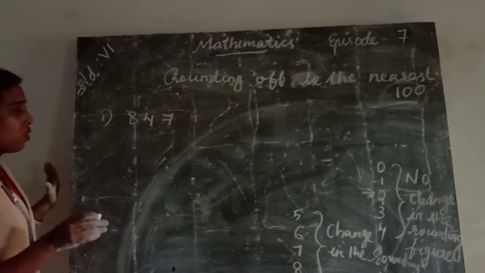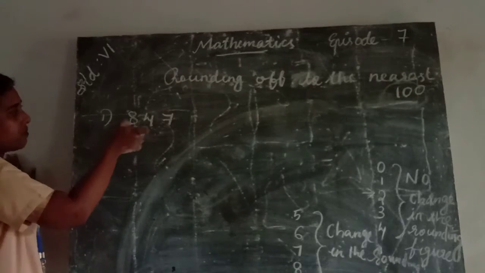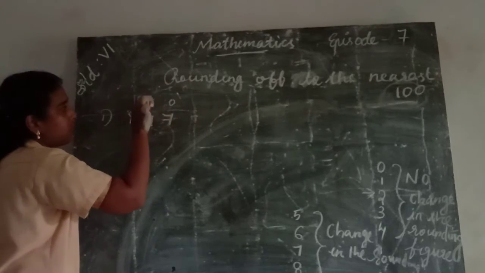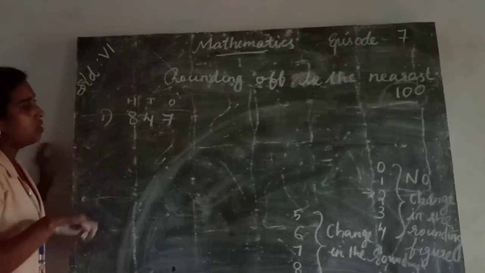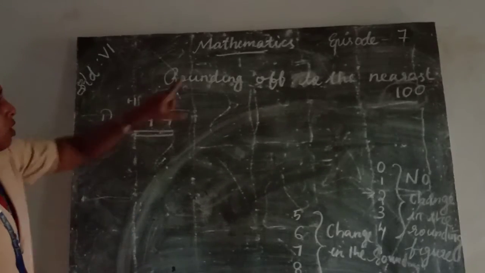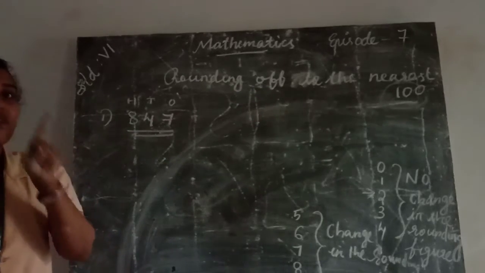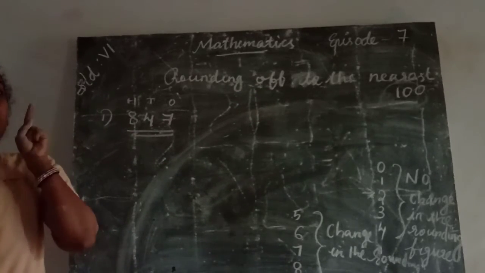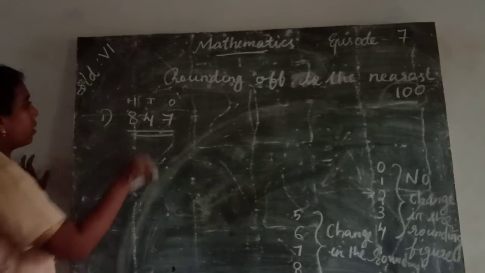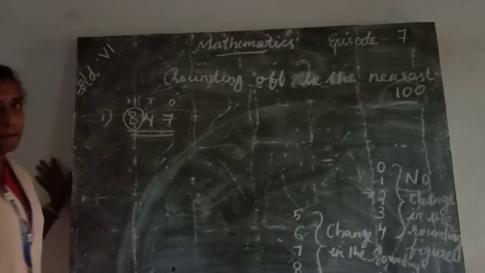Nearest 100 means we take the place values up to the 100 position: ones, tens and hundreds. So we take 3 digits from the right side, and to round to the nearest 100, we round the number at the 100th place.